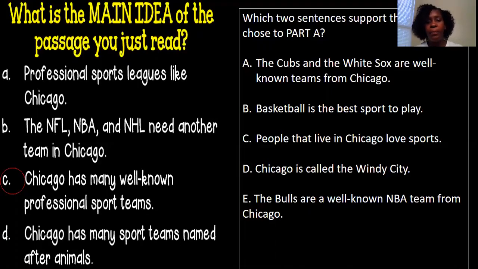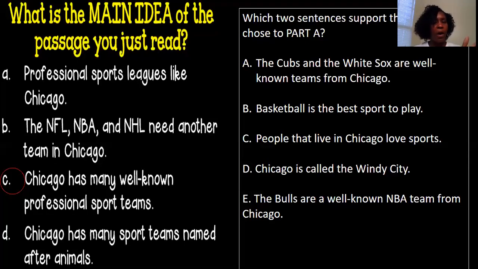D, Chicago is called the Windy City, which is true. That one actually was mentioned in the text. However, it does not support or help explain our main idea about how Chicago has many well-known professional sports teams. So D is eliminated as well. Let's check E. The Bulls are a well-known NBA team from Chicago.